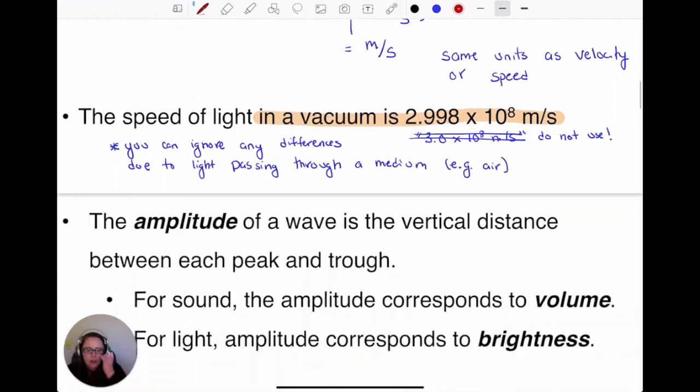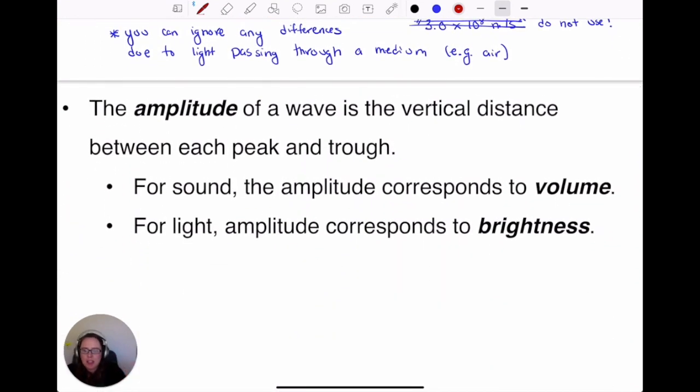What it corresponds to is the volume or brightness. We have this vertical distance between peak and trough, which is our amplitude. For something like a sound wave, that corresponds to volume. The bigger that amplitude is, the louder something is.